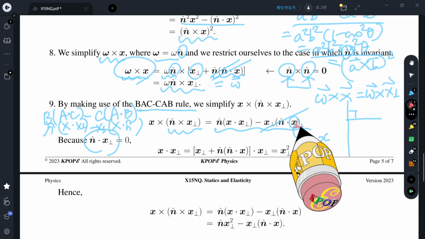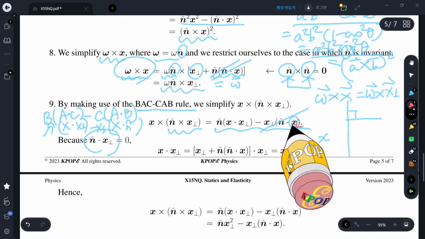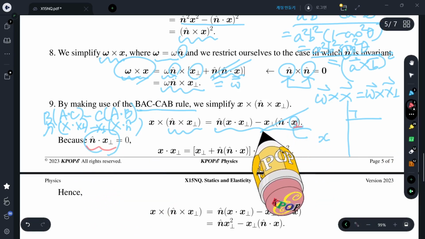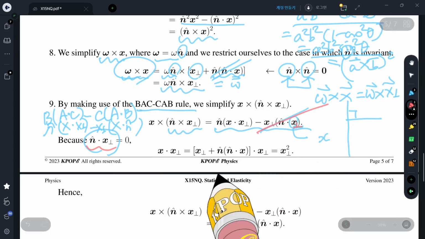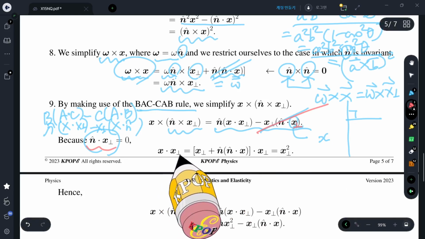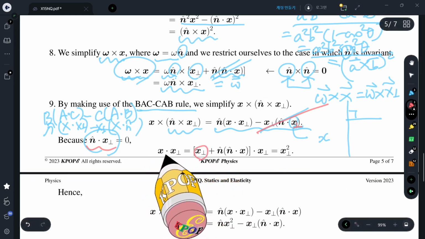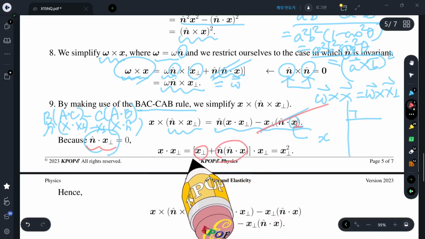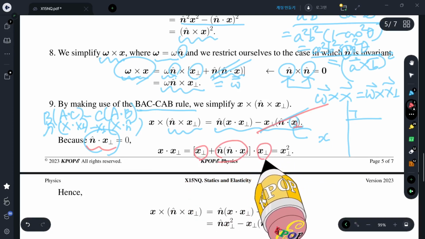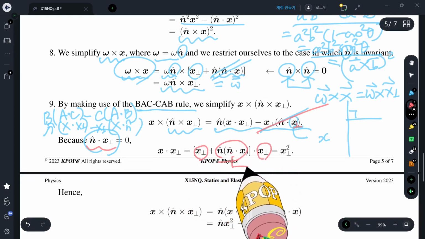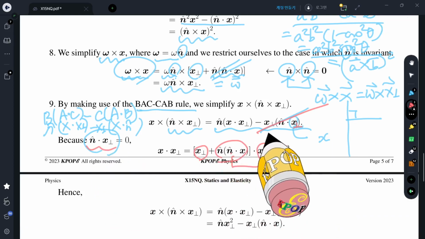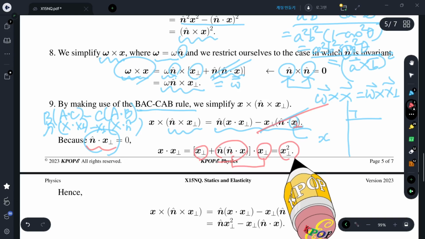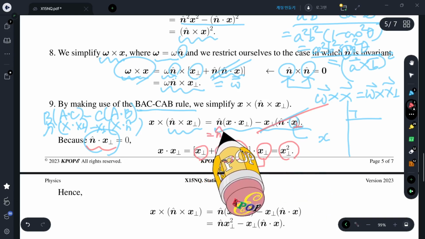So this one, n hat dot x perp, is 0, so I can remove this. And x dot x perp: x is the sum of x parallel and x perp, scalar product with x perp. These two are perpendicular to each other, and the dot product with x perp vanishes, so only x perp squared survives. So this is n hat x perp squared.